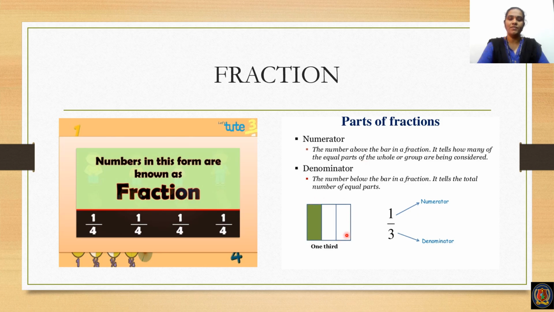So here we have a whole which is divided into 3 equal parts and 1 is shaded. So it is 1 out of 3, 1 by 3, where 1 is the numerator and 3 is the denominator.